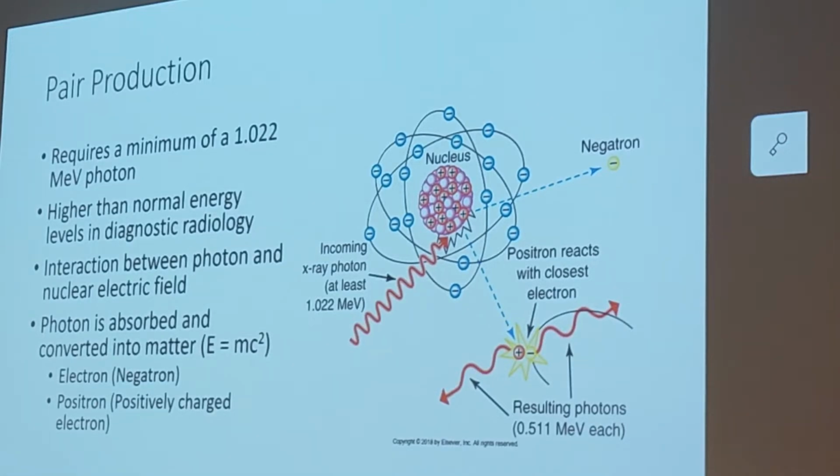As you can see, the reason why I like to call this pair production is because it creates a pair of particles, correct? You see the incident photon interacts with the nuclear electric field. Do you know what the nuclear electric field is? It's not hitting the nucleus, it's not hitting an orbital. It's hitting the little space.